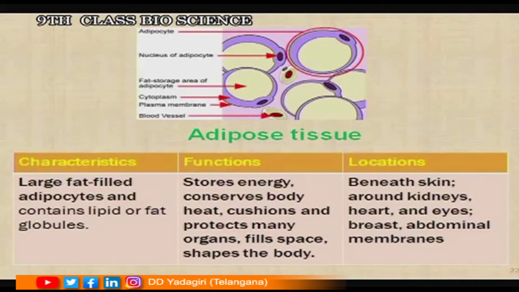Sometimes it acts as a cushion and protects many organs, it fills the spaces between the organs, and it gives shape to our body. Where do we find this adipose tissue? We find it beneath the skin, around the kidneys and heart, and around the eyes, breast, and abdominal membranes.